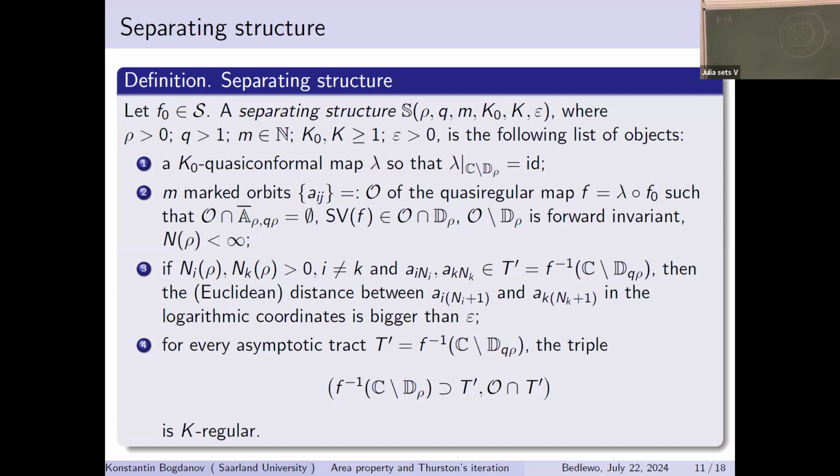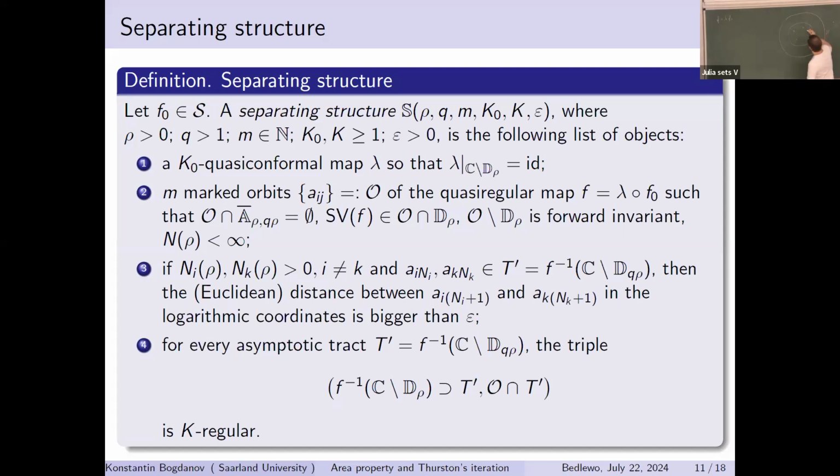Then condition 3 means the following. N_i and N_k are the last points on the singular orbits with numbers i and k which are still inside of rho.